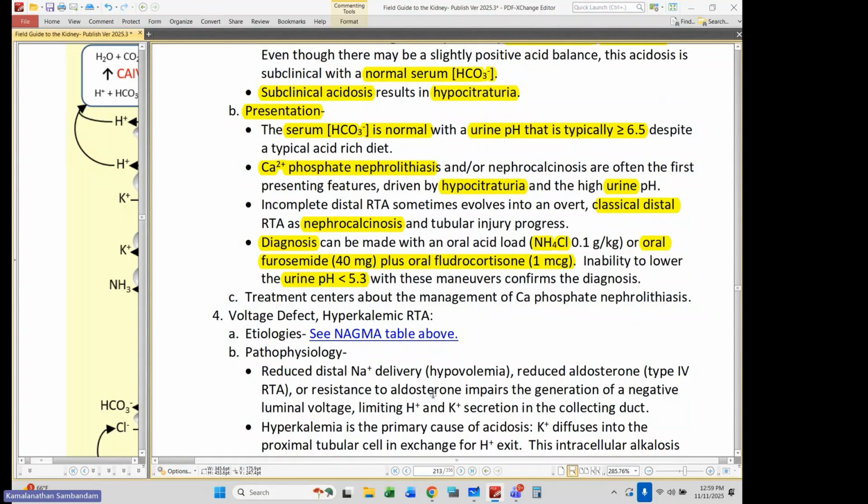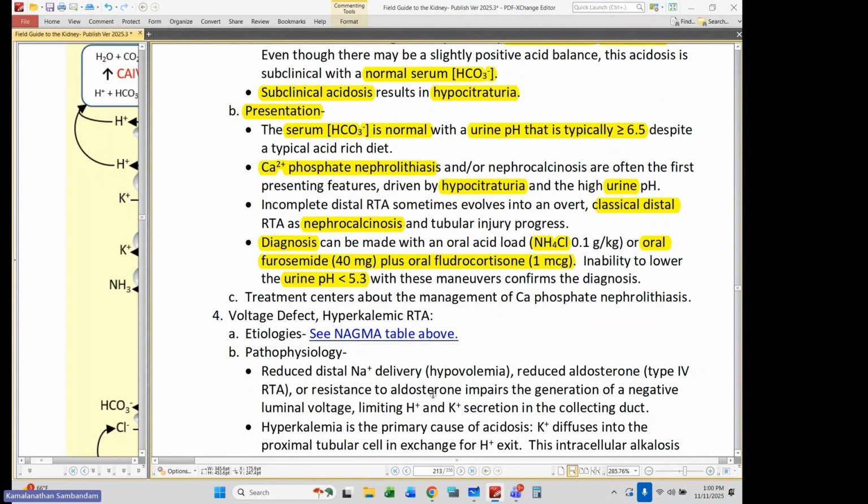However, I always have to highlight the fact that your bladder has hours of urine in it. So ideally, you should have somebody empty their bladder before this maneuver, and then you give the drug, and then you can check their urine pH within the next 6 hours or so.